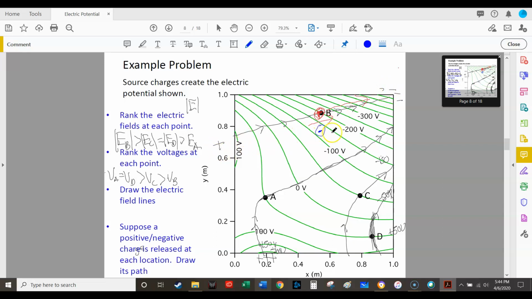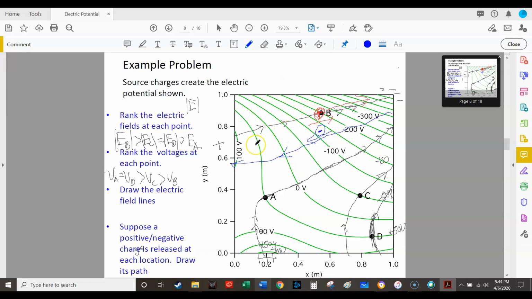Well, the electron is going to move opposite the direction of the electric field, and it's going to move upstream towards the higher potential. Or what I mean is towards the higher voltage where all the positives are located. So that means the electron is going to move upstream and try to get here.